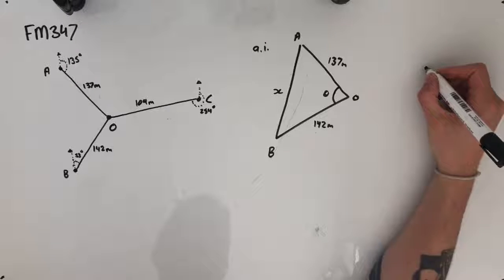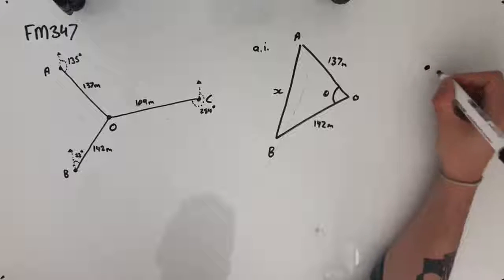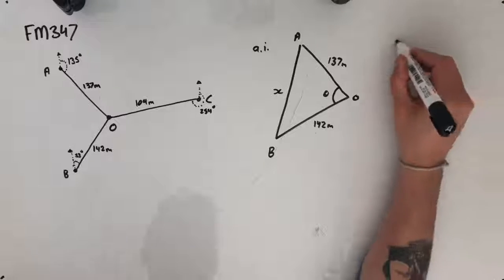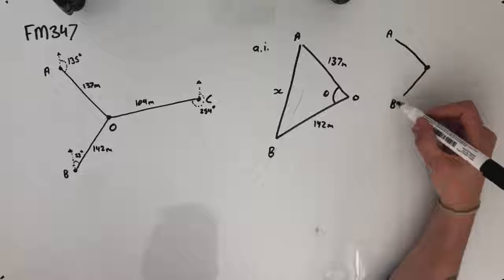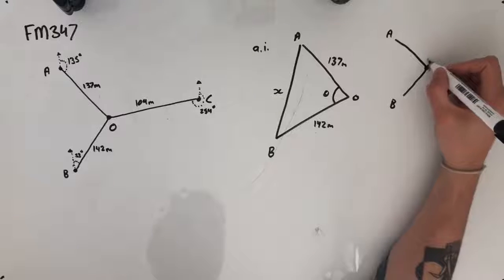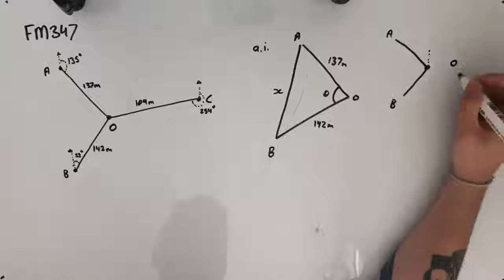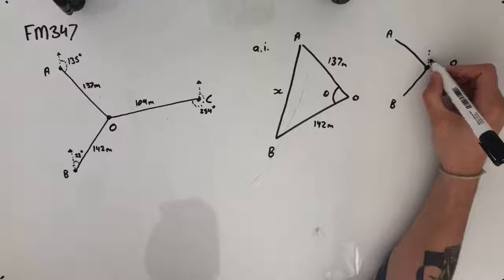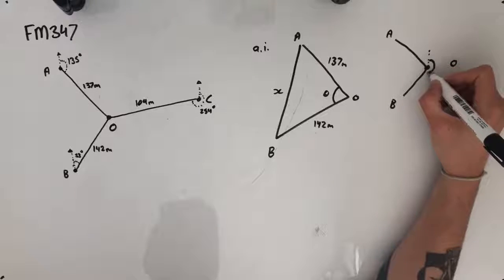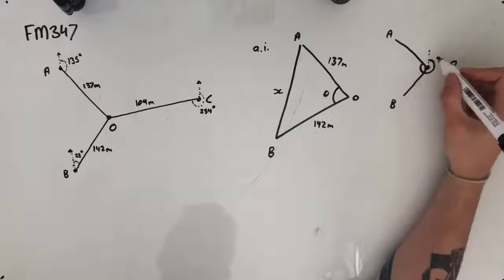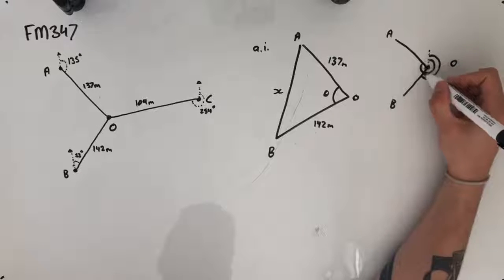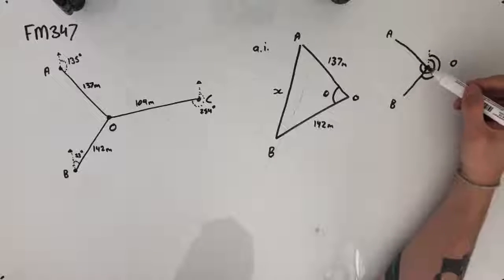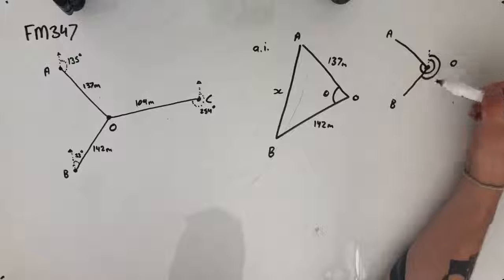So I want to draw one other thing here, and that's just sort of a little representation of, if this is point O, we have a line going up to point A, and we've got a line going down to point B. If this is directly north from point O, and I'm going to put the O over here and you'll see why in a second, if we can figure out what the bearing is to get from O to A, so that would be this bearing here, and we subtract the bearing from O to B, we'll be left with just that angle that would be between the lines that go to A and go to B. So we'd be left with this little portion here if we were to minus this amount from it.